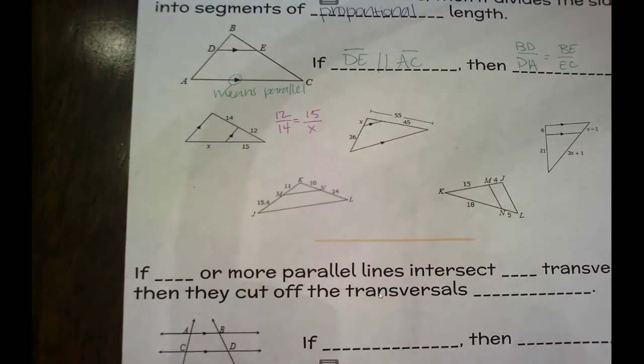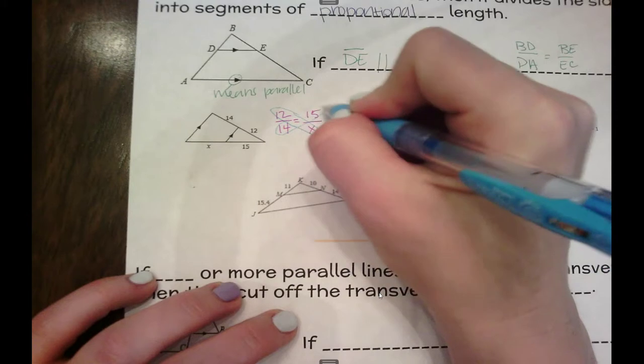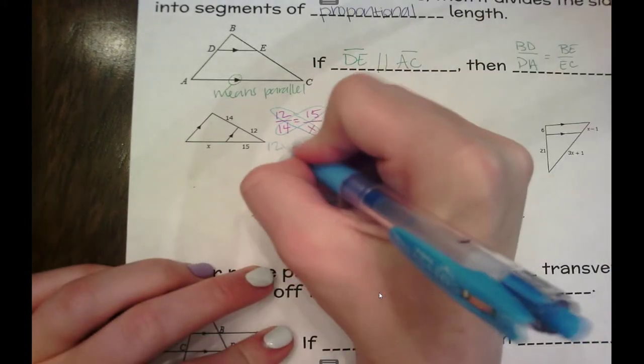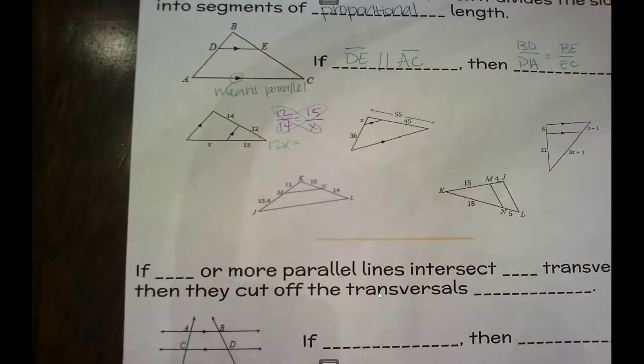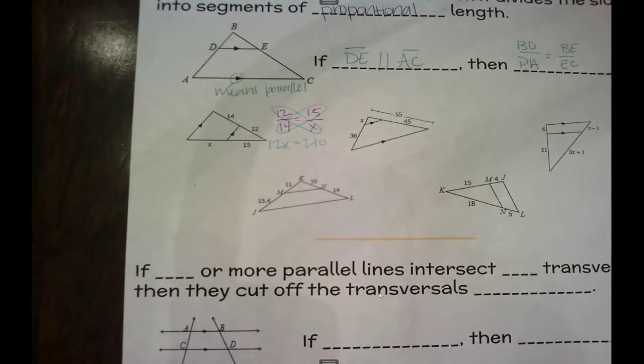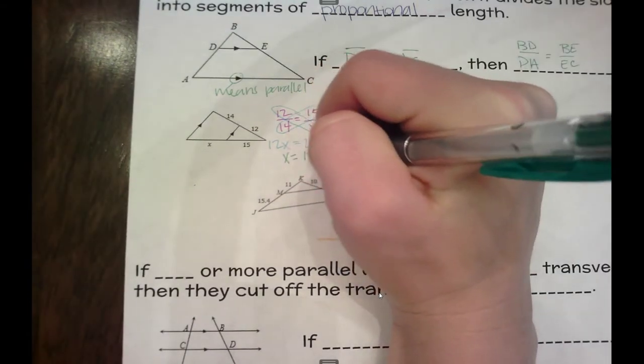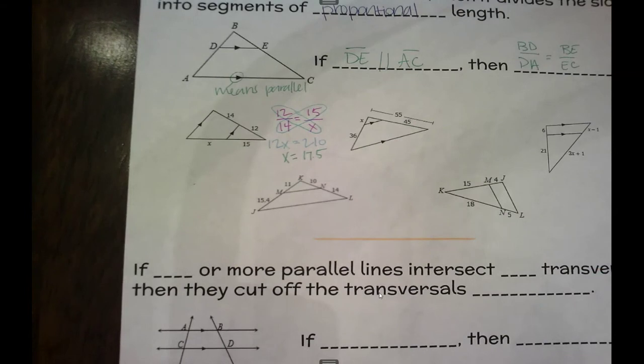And then we're back to our cross multiplying and solving for x. So we got 12x equals 14 times 15, which is 210. And then we just solve for x. We're getting it by itself. And that is going to give me 17.5. And that's it.